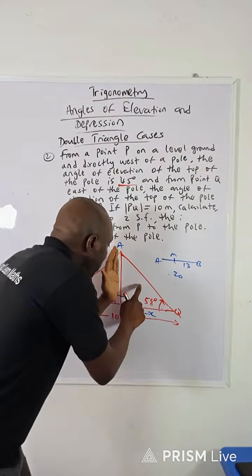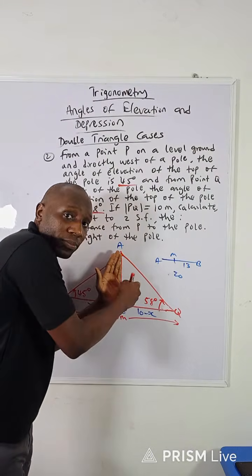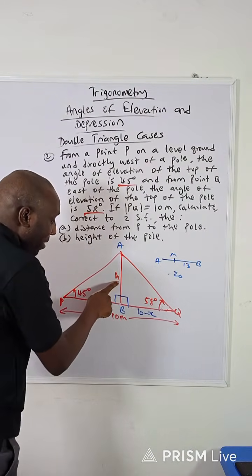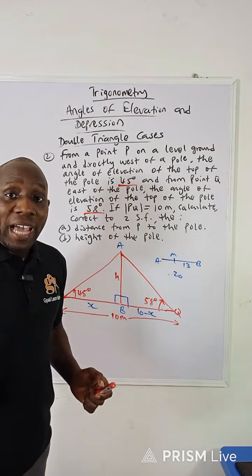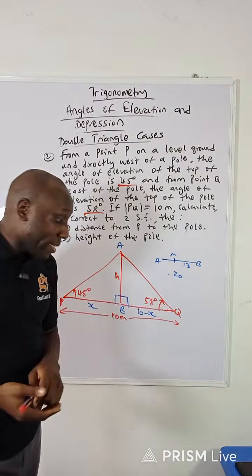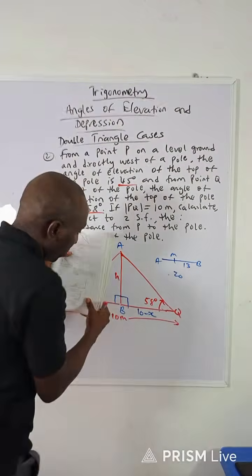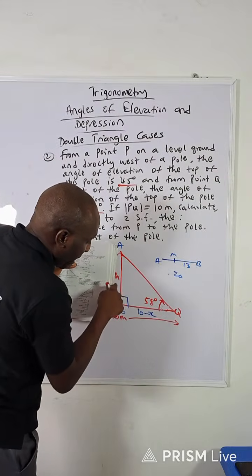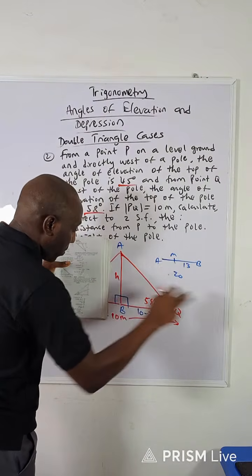I'm going to take this triangle and find H for this triangle. I will come to this other triangle and find H. Then I will now equate both of them. That will now give me an equation which I can solve to get the value of X. So I am going to work with this triangle first and get H, using all the details we have here. Once I've done, I keep it.